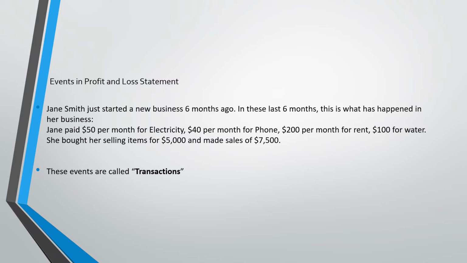When she bought those things, it was another transaction. Now, in accounting, all these different expenses like electricity, phone, rent, purchases or sales are called accounts. And they are debit accounts or credit accounts based on where they will be sitting in the profit and loss statement.